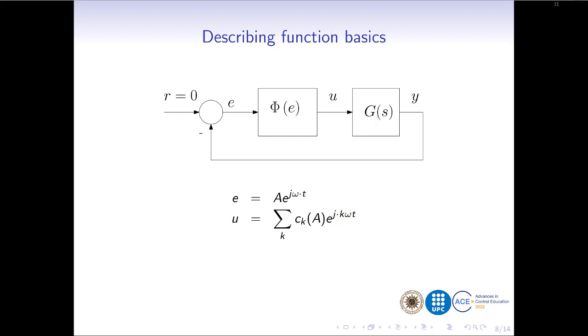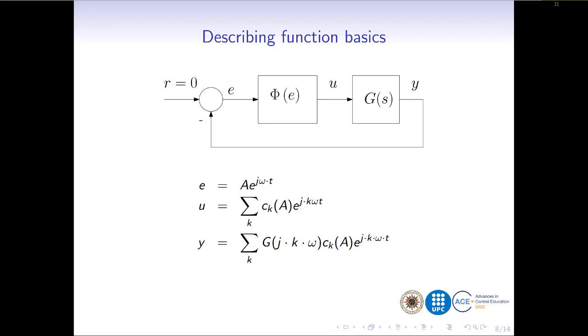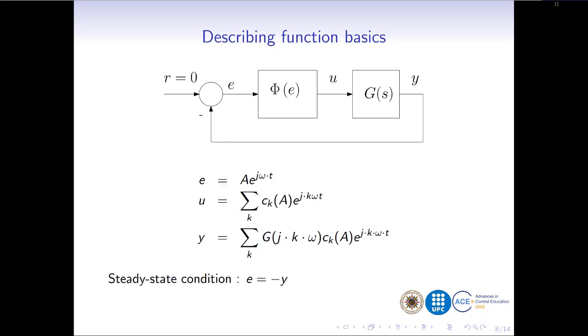It is important to emphasize that Fourier series coefficients depend on the e-signal amplitude A. The output y can be computed using the frequency response of G(s) and the value of u. As in steady state the error must be equal to minus y, the output, we can then start to establish the conditions for the describing function.